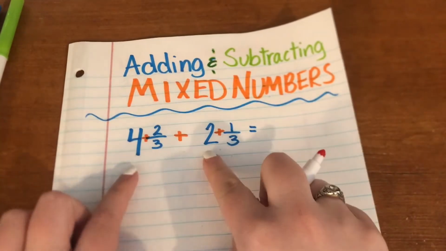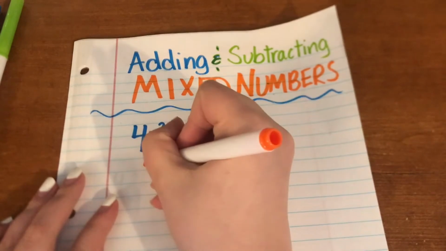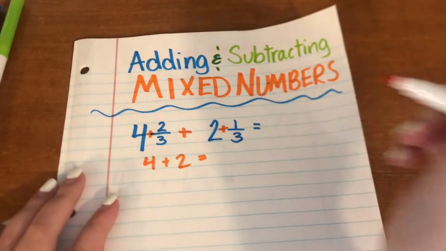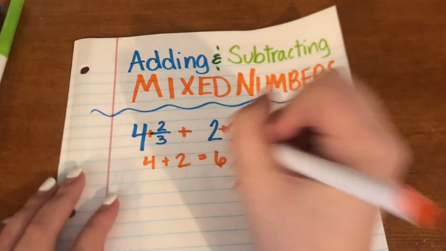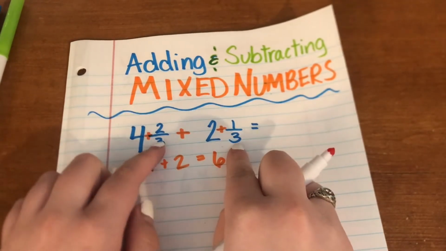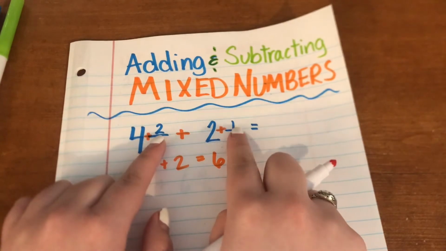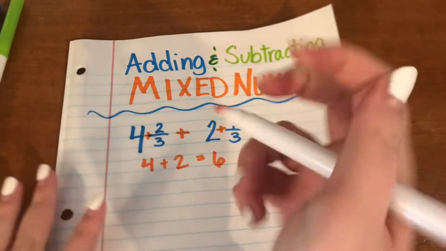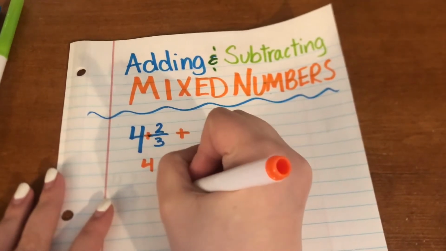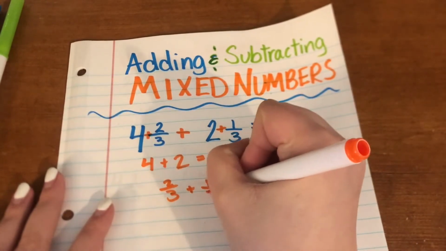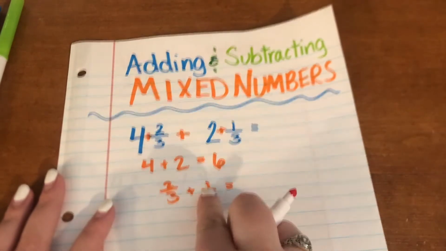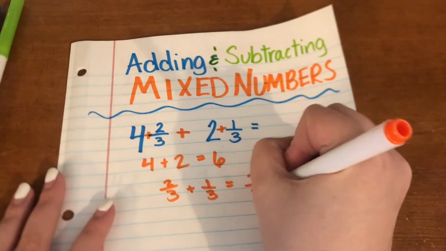So we could add our whole numbers separately. 4 plus 2 would be 6. And then our fractions separately, where when they have the same denominator, we know we just add the numerators. So we've got 2/3 plus 1/3 equals 3/3.